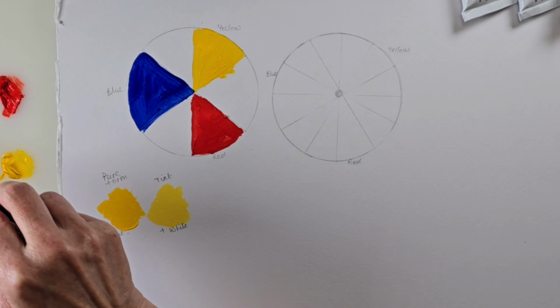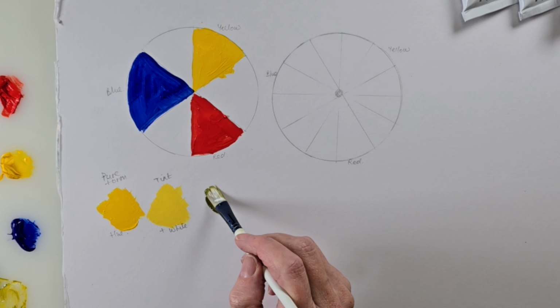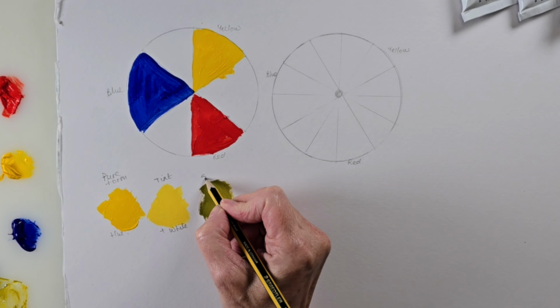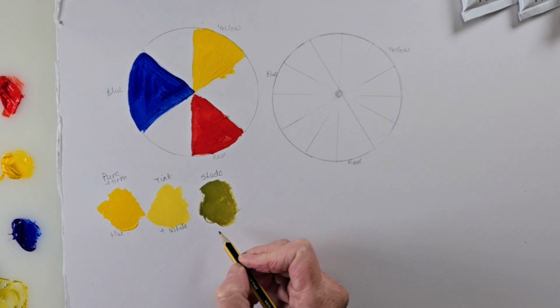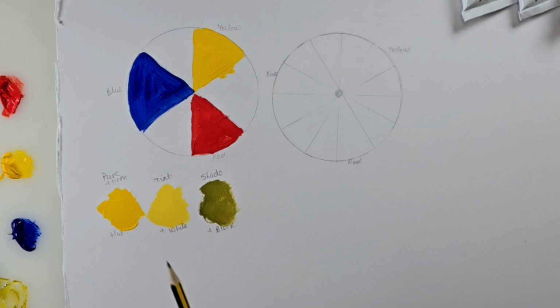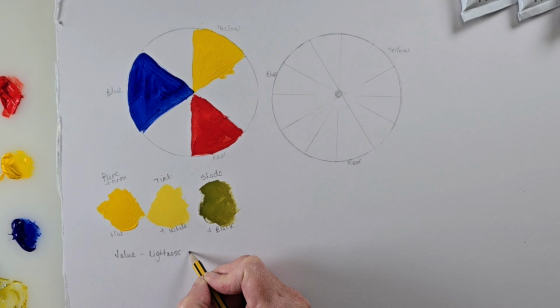We have a little bit of yellow and we added a bit of black. So that's our shade. So we had a little bit of black in that there. So hue, tint and shade. And then the value, the lightness or darkness of a colour.